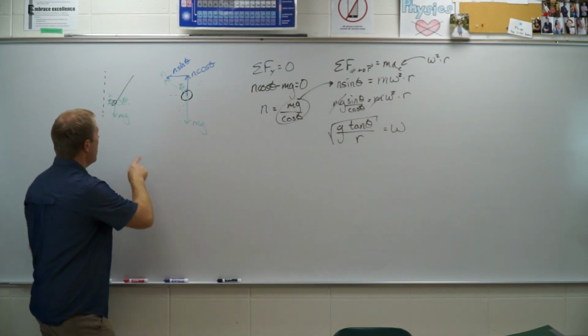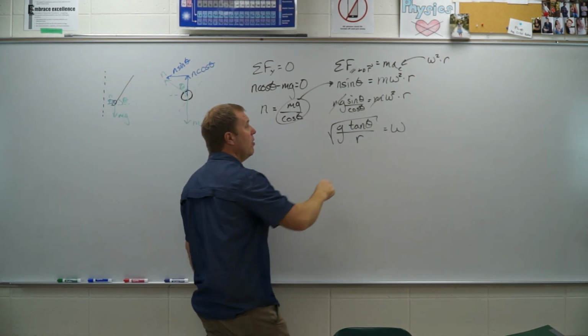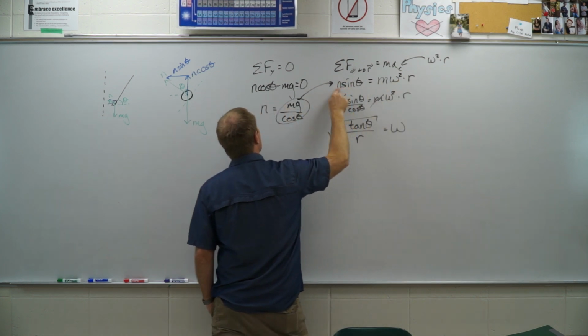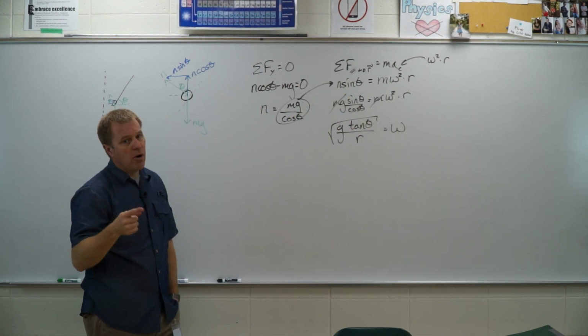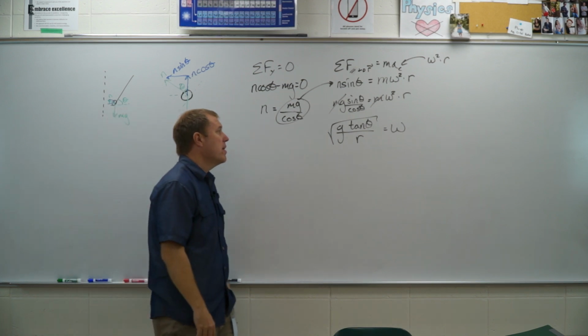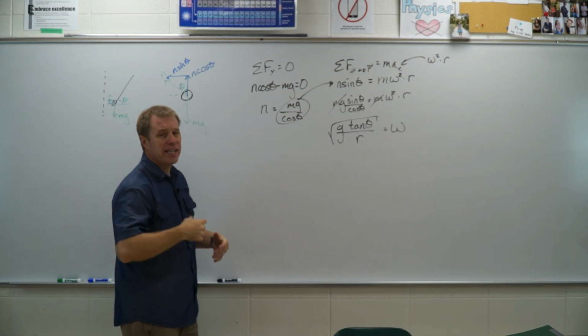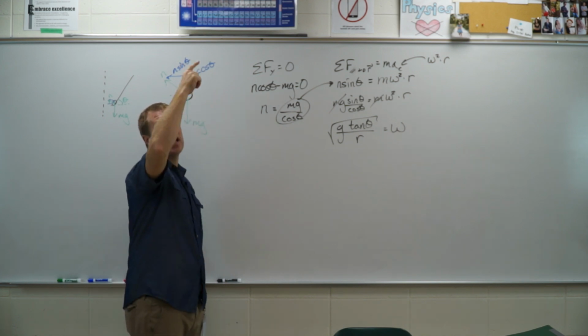Now, as we go up the cup, the radius is also getting bigger. So now the omega and the radius have gotten bigger, the normal force gets bigger, and that increases the acceleration. So as we go up that cup, that radius is changing as well, and we get this feedback loop where it just accelerates faster and faster out of the top of the cup.